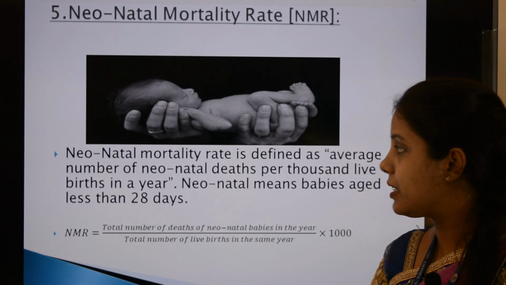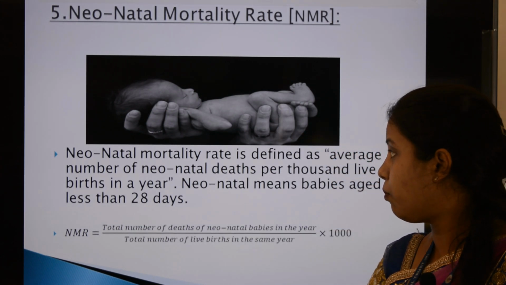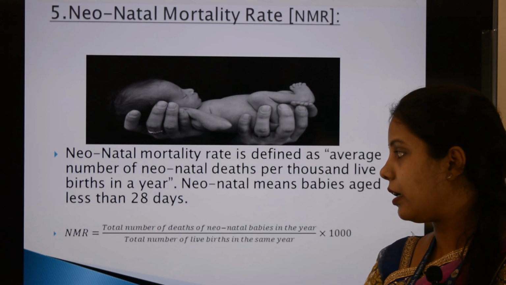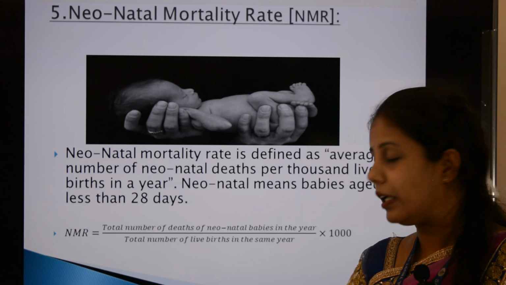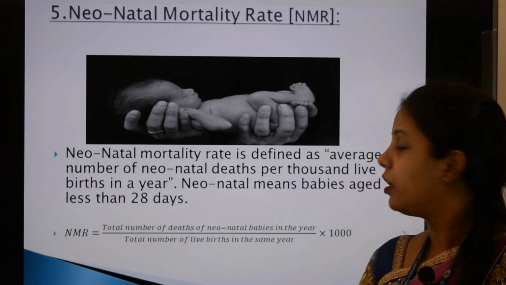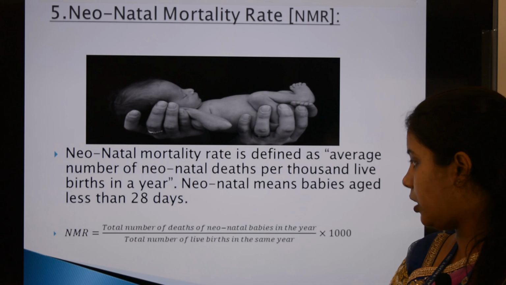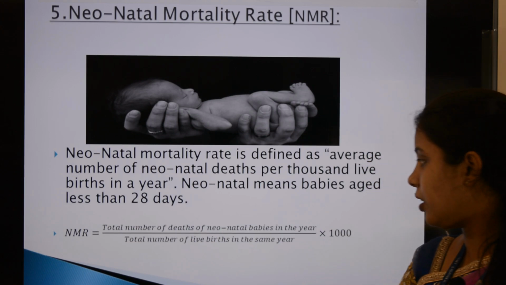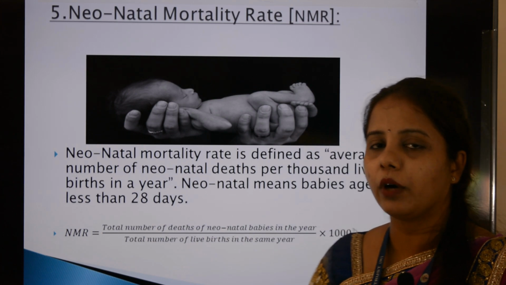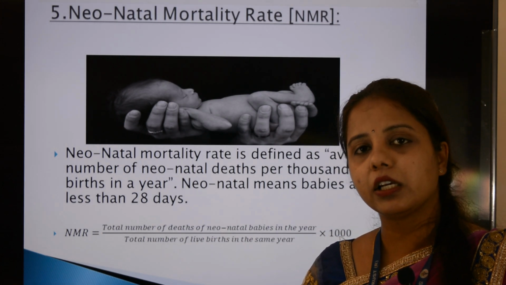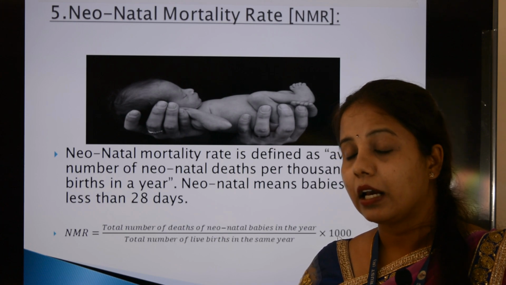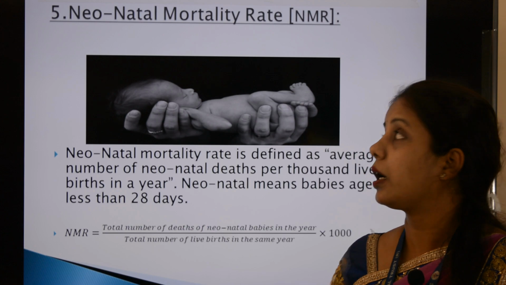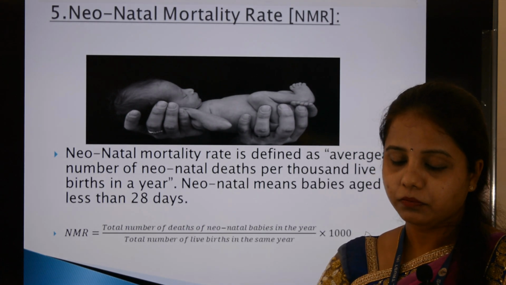We will call it NMR or neonatal mortality rate. The formula is NMR is equal to total number of deaths of neonatal babies in the year divided by total number of live births in the same year into 1000. So here we need again total live births and also total neonatal deaths in order to compute NMR.